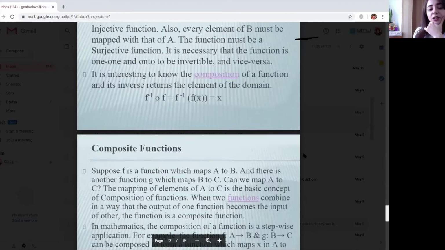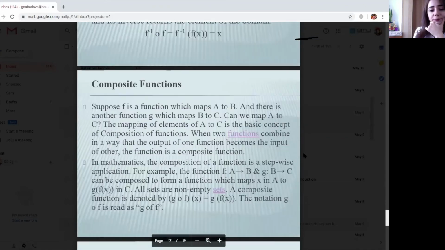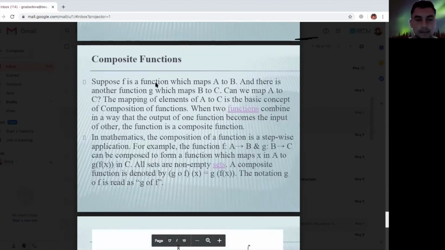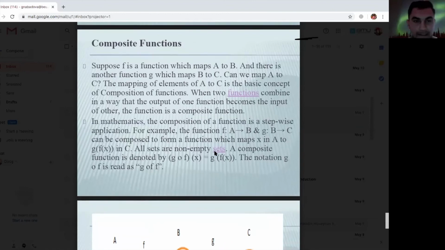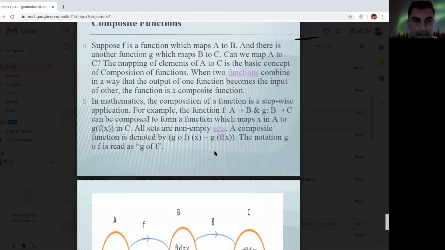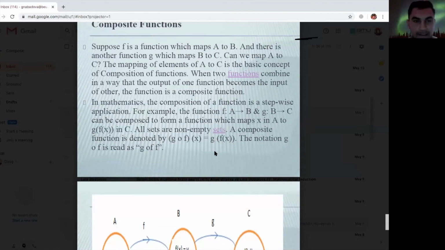Let's talk about composite functions. Suppose f is a function which maps A to B, and there is another function g which maps B to C. Can we map A to C?